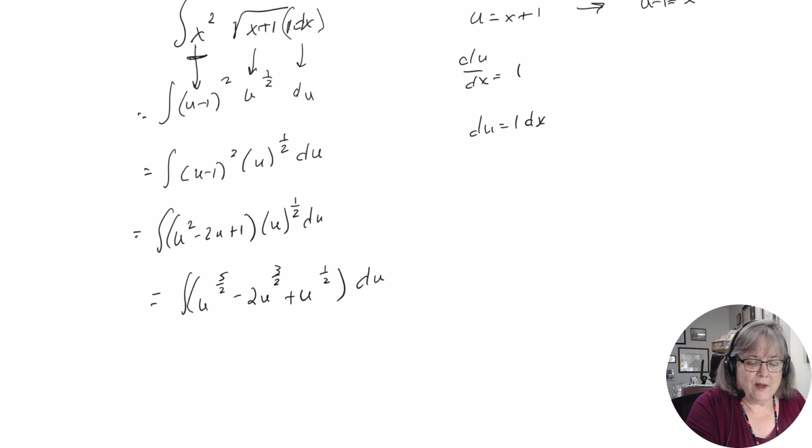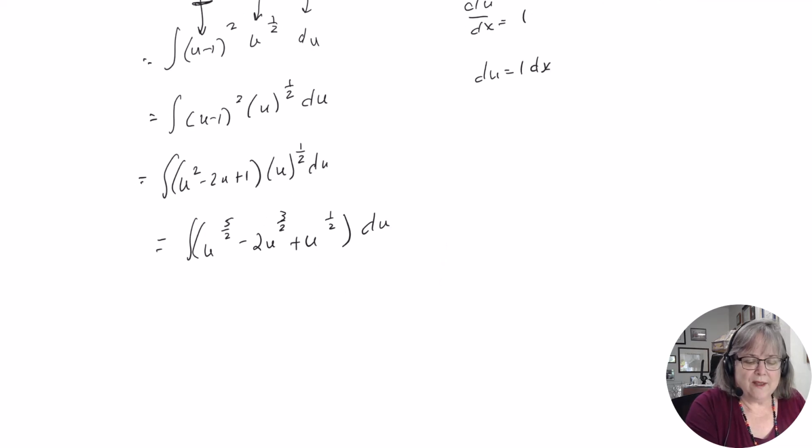We haven't integrated yet. Sometimes students get lost in this and they think, oh, I've changed the powers. And I'm going, no, you haven't integrated yet. All right. So now we have a u, we add 1 to the power, so that'd be 7/2. Divide by 7/2 or multiply by 2/7, minus 2 u, add 1 to the power, divide by the new power.